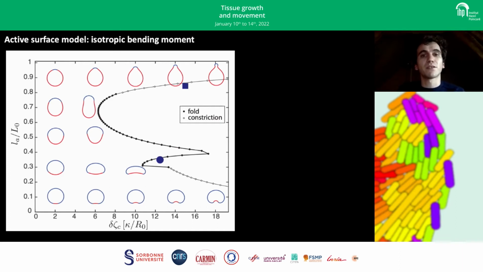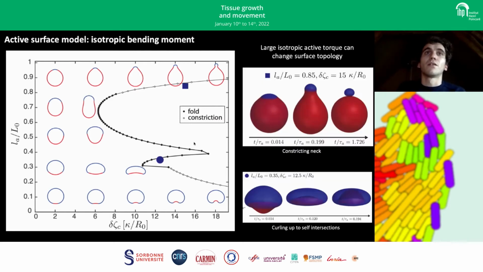So as you can see, by varying the extent of the active region in red, on this axis, or the intensity, we have a lot of different shapes. When we go beyond this bifurcation curve here, we have also changes in topology. I wanted to mention that.